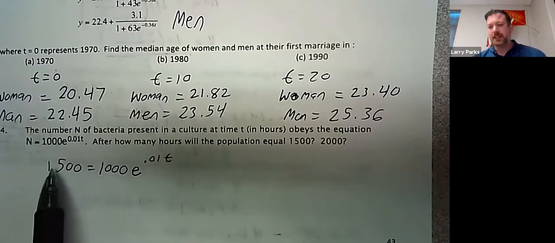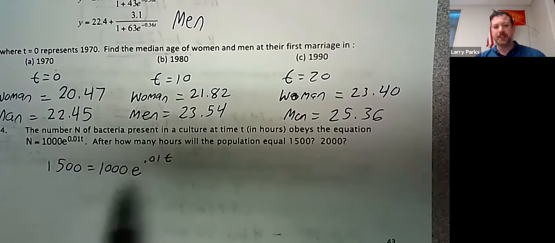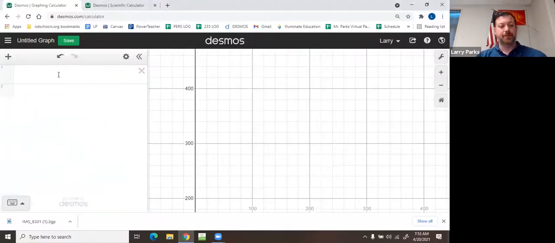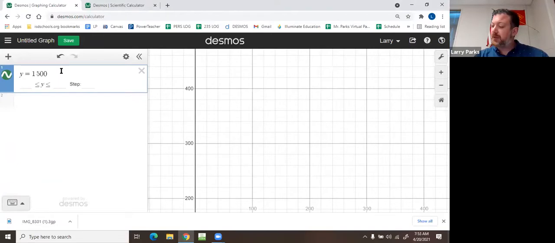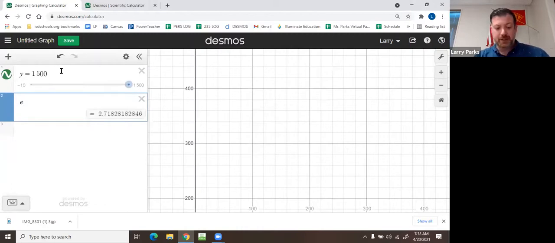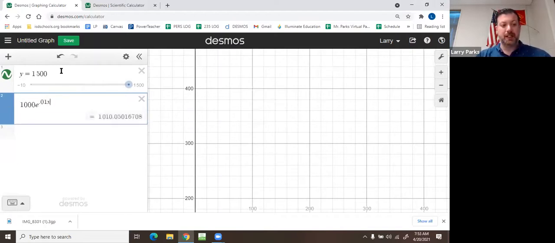For time, I'm just going to type it in. So I'm going to type in 1,500 and see when that intersects this. So we got 1,500. We're trying to see when there's bacteria of 1,500. And the other side was 1,000 e to the 0.01x.